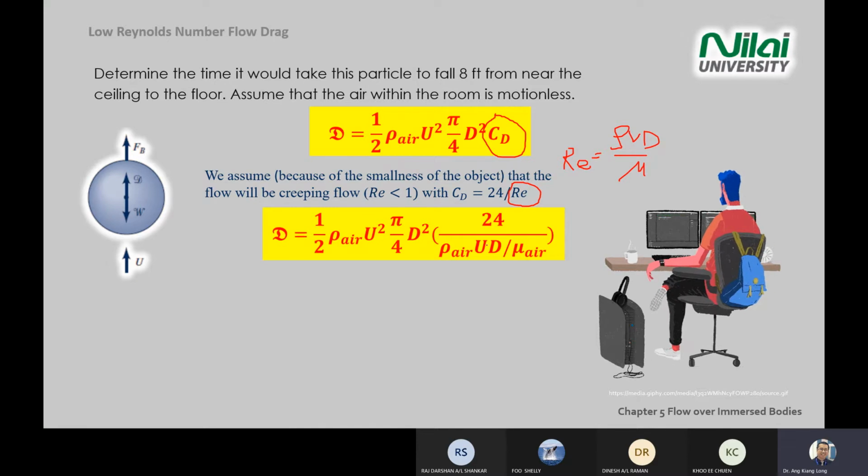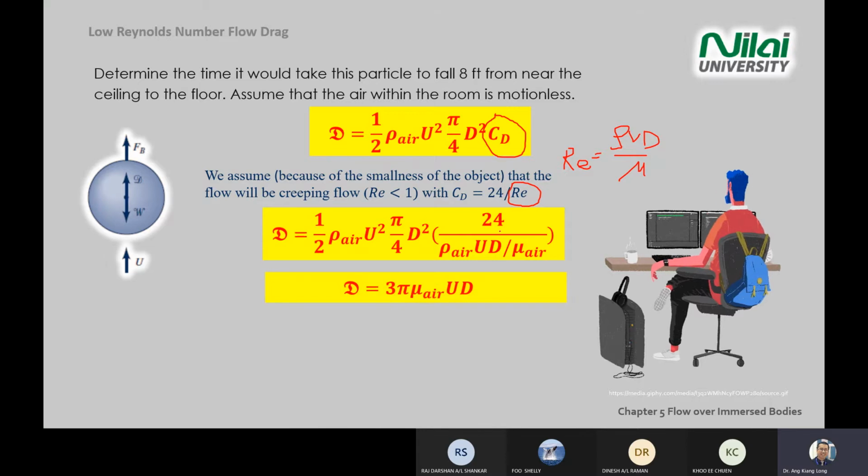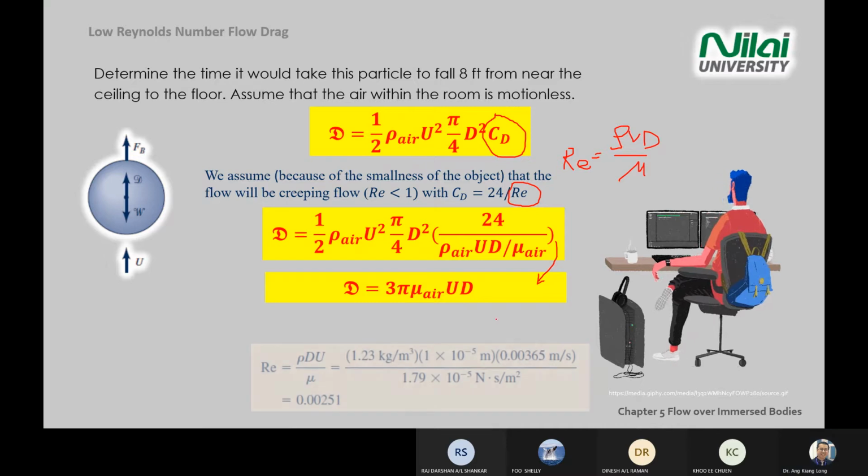You substitute and rearrange the equation, and you get 3 pi mu A UD.